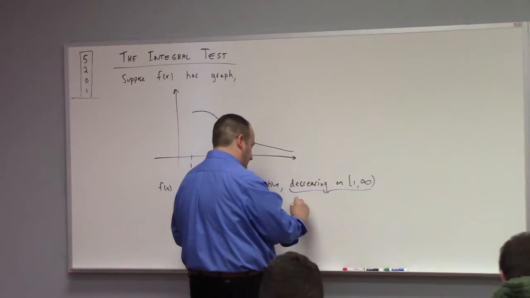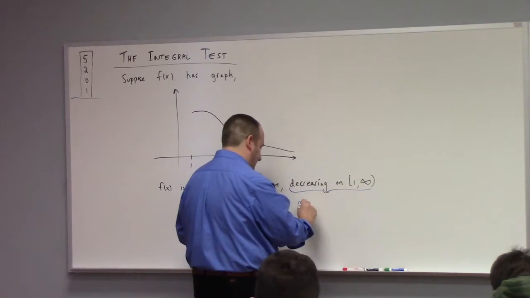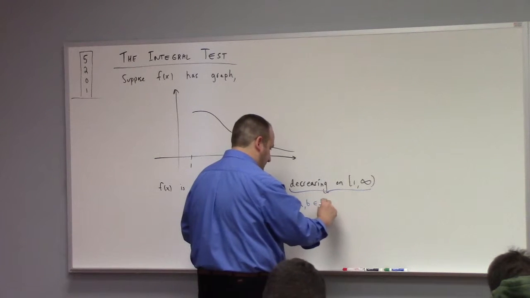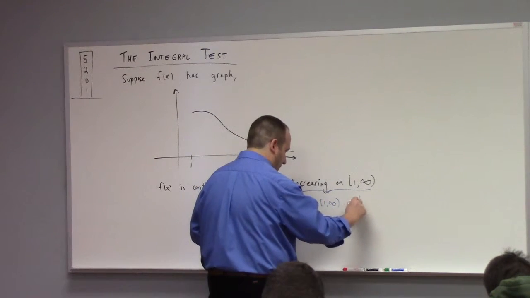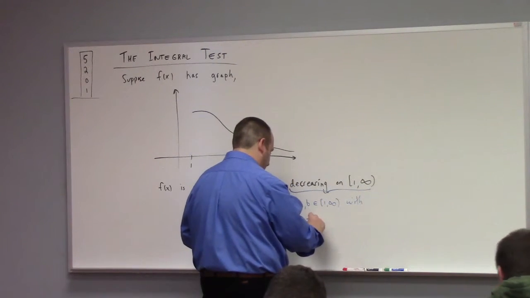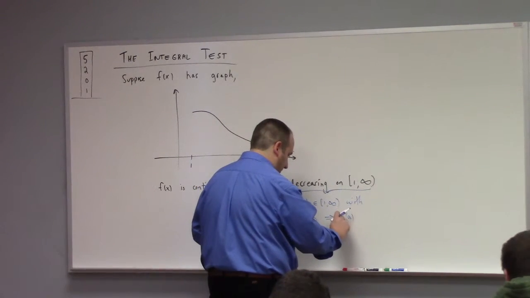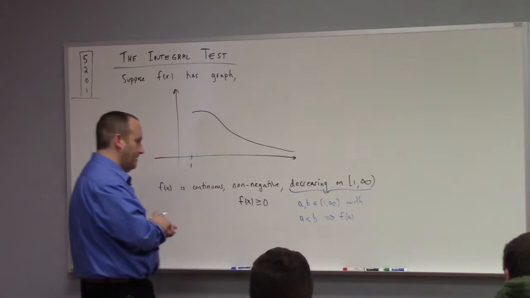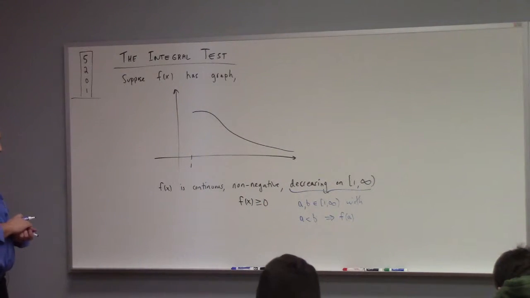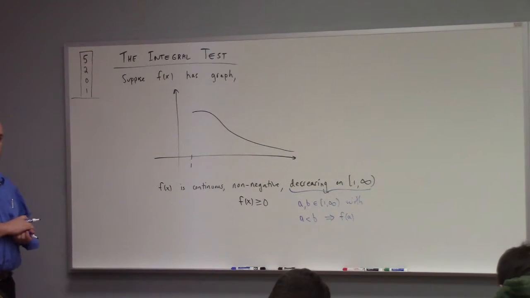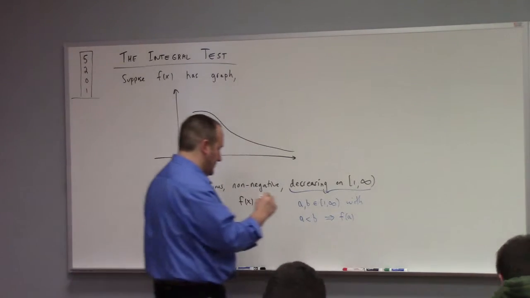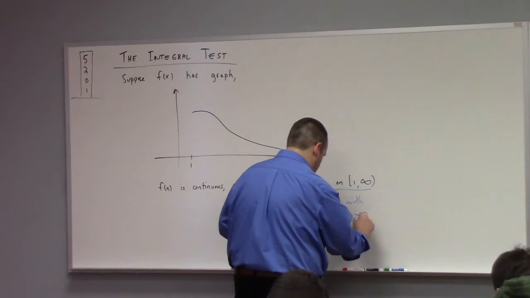It means that for a and b in 1 to infinity with a less than b implies that f of a is what? Yeah, greater than or equal to f of b.